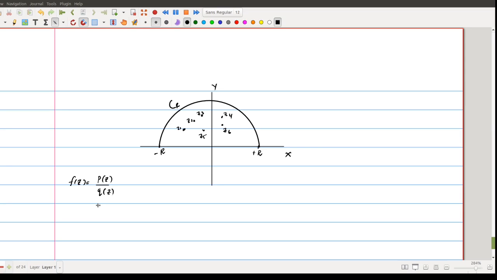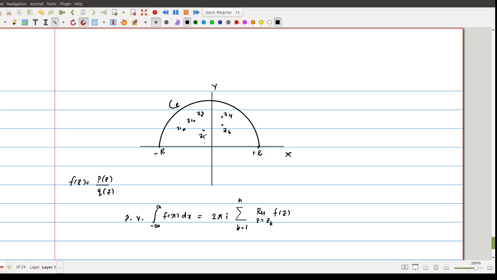In fact, we need the singularities of f of z which lie above the real axis. We make use of those singularities, and in fact the residues at those singularities, to evaluate the improper integral of f of x. That is, the principal value of the integral from minus infinity to infinity of f of x dx equals 2 pi i times the summation from k equals 1 to n of the residue of f of z at z equals z k.